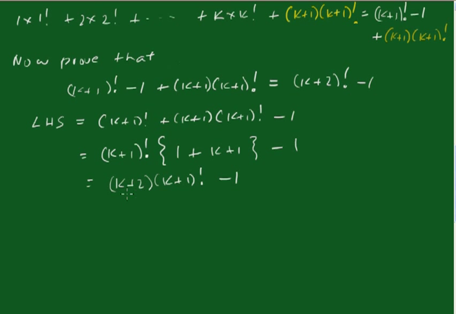Now, we know then that this must be equal to (k plus 2) factorial, because (k plus 2) factorial is equal to (k plus 2) times (k plus 1) times k factorial, so all that is your k factorial in there, minus 1.